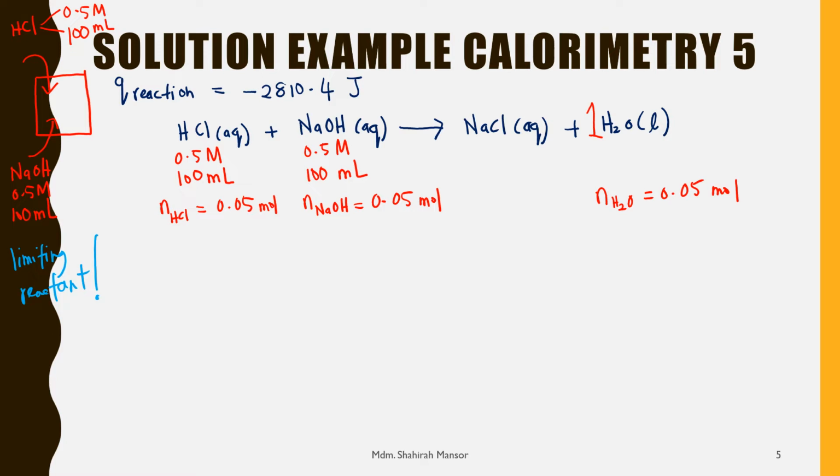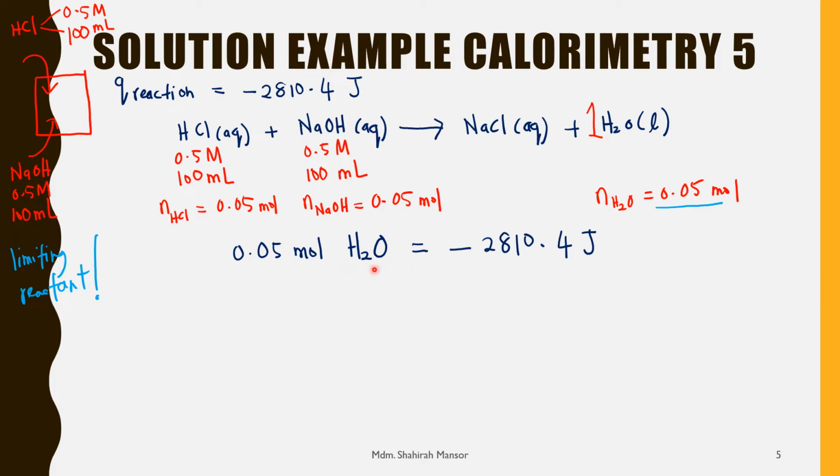So di sini apabila this reaction menghasilkan sebanyak 0.05 mol of water, ini bermaksud 0.05 mol of water yang dihasilkan daripada this reaction membebaskan energi sebanyak 2810.4 joule. So ini bilangan mol yang sebenar kita gunakan dalam reaction, bilangan mol sebenar water yang dihasilkan, dan bilangan heat amount yang dibebaskan, heat yang sebenar yang dibebaskan lah from the reaction.